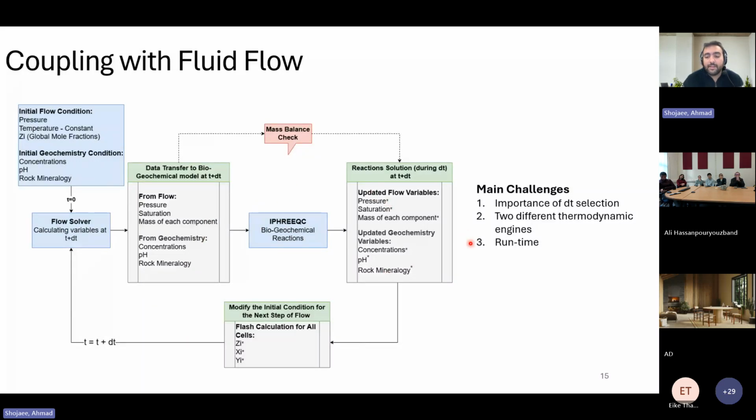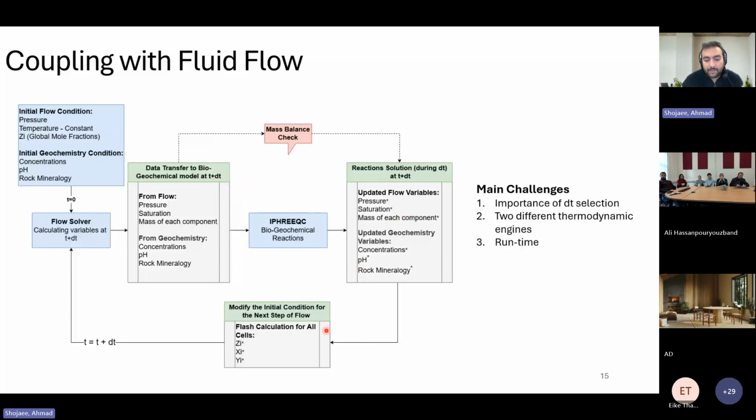There are some challenges. The first one is the importance of time step selection, because it's like implicit pressure, explicit saturation in reservoir engineering. We cannot use large time steps for simulations, and we should be careful about that. Another challenge is that we have two different thermodynamic engines, one in the reservoir simulator and another in our bio-geo model. The input and output here must be consistent in terms of thermodynamics.